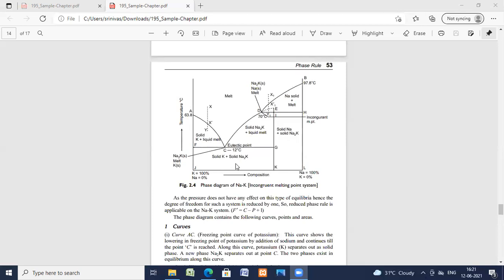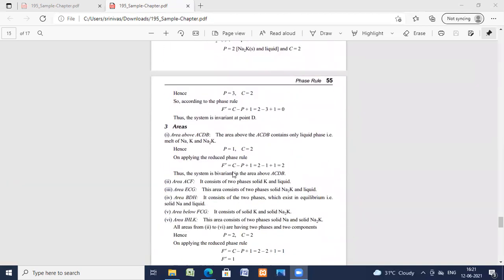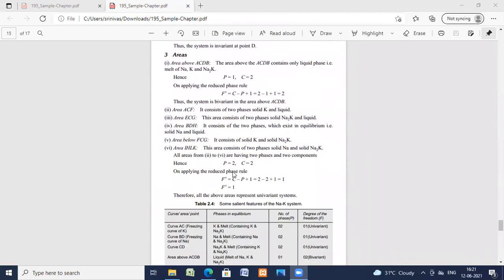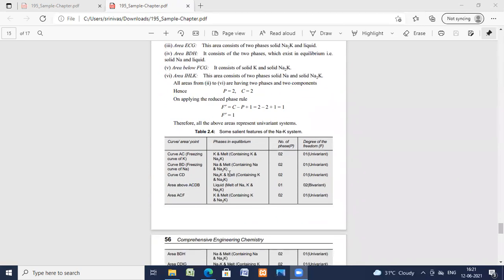Now we'll see how the phase rule can be applied for these areas. Thereon, we'll see about the eutectic points, and after the eutectic points, we'll see about the curves ACB and CD.